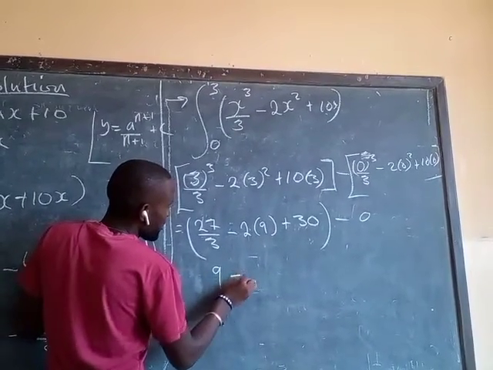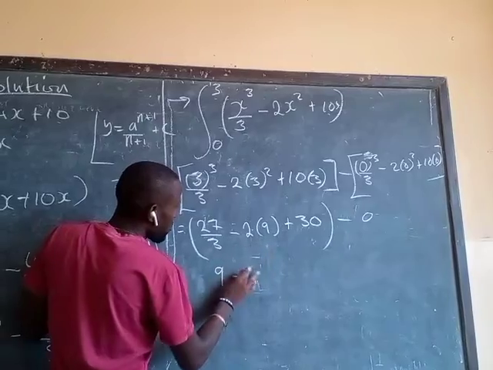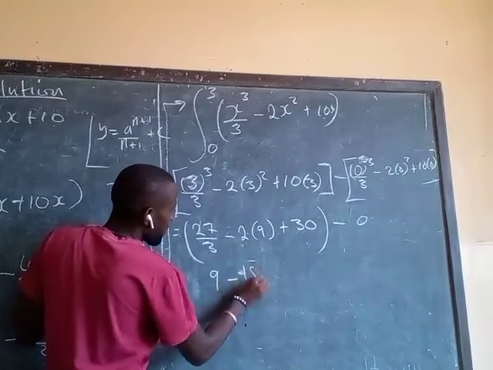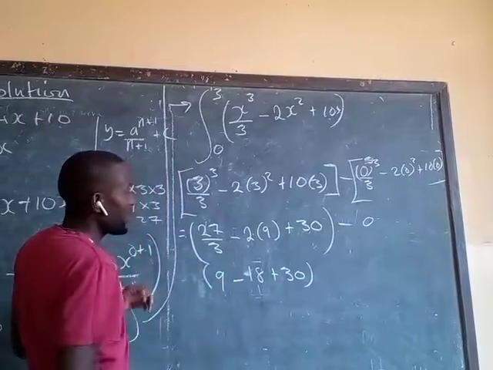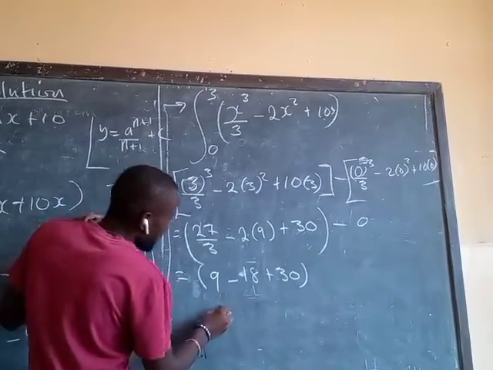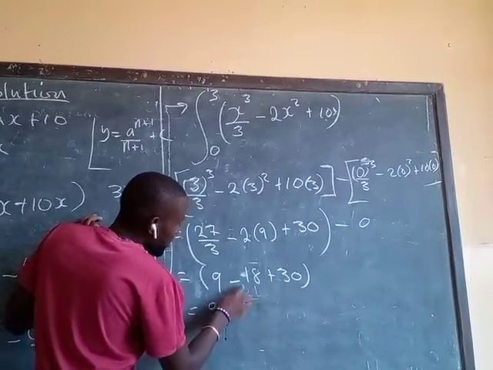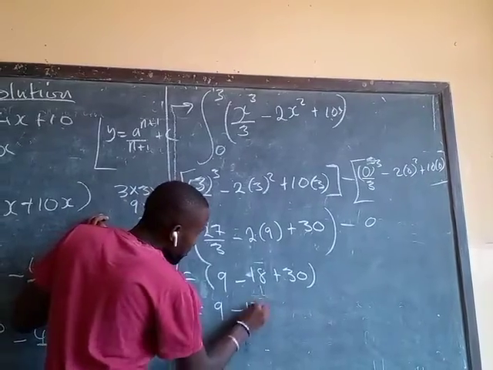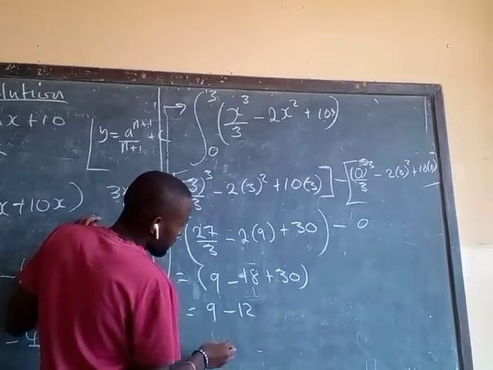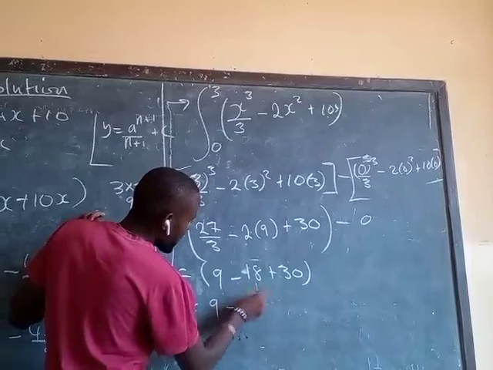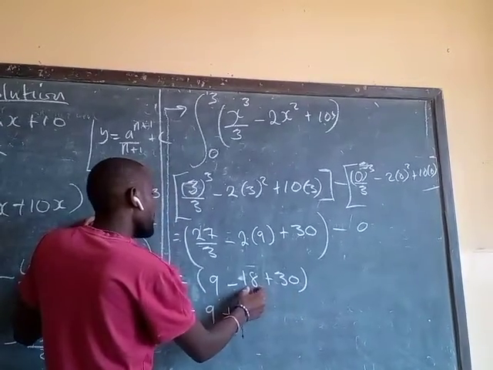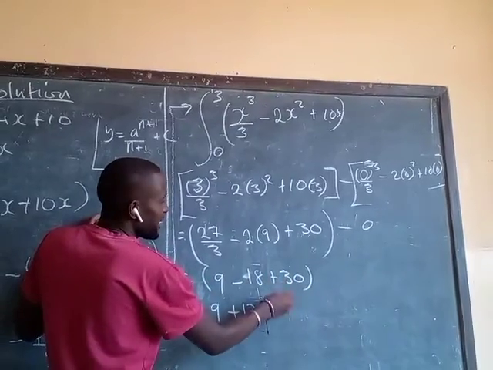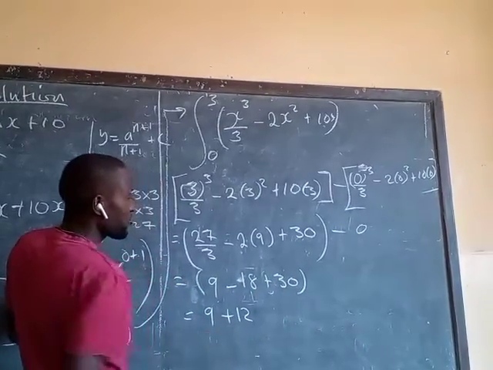Minus 18, plus 30. When you have it like this, we know that 9 minus 18 would be negative 9, and then plus 30 gives positive 21. Of course, it is positive because we are subtracting a small number from a big number which has a positive sign.